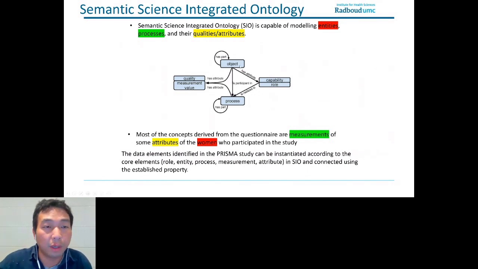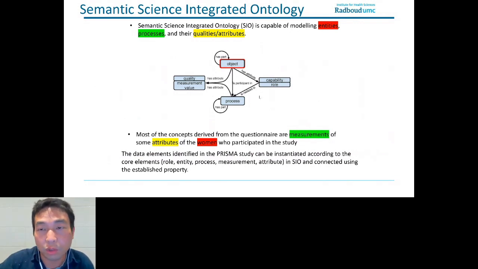So what is the Semanticscience Integrated Ontology? It is an ontology that is capable of modeling. Here I use different colors to mark the main objectives. Well, the first one is entities, processes, and their qualities, attributes. You can also see several key components in this graph.